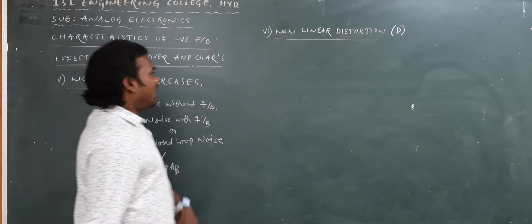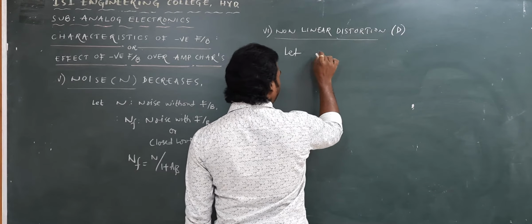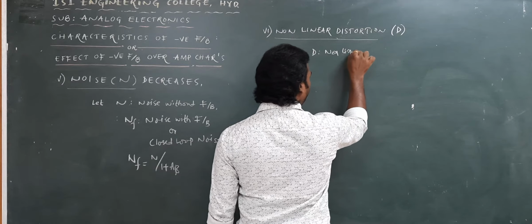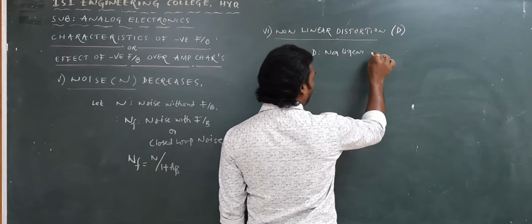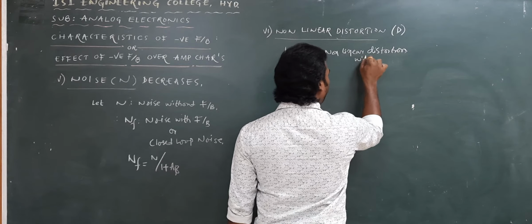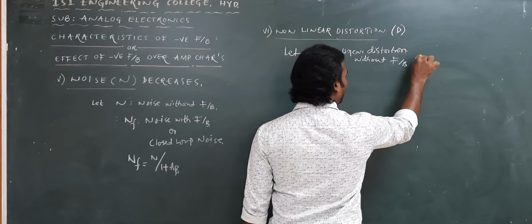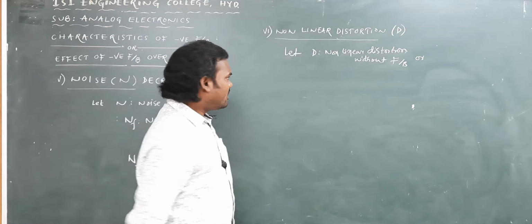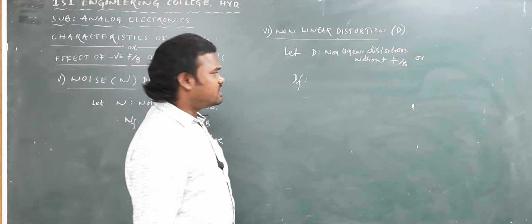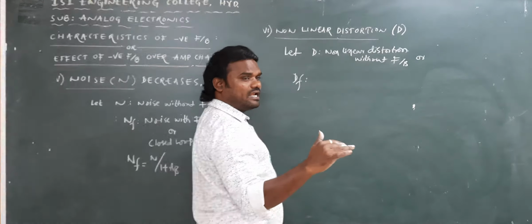Then coming to non-linear distortion. Let D be the non-linear distortion without feedback, also named open loop distortion. Then DF will be the non-linear distortion with feedback, or closed loop non-linear distortion.